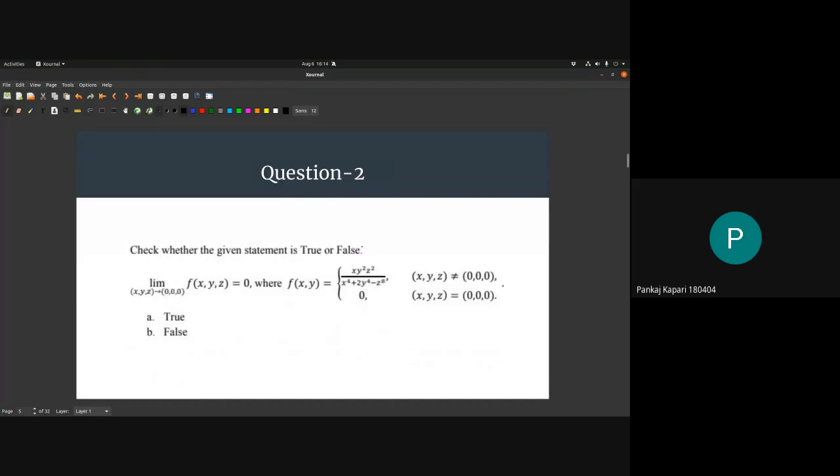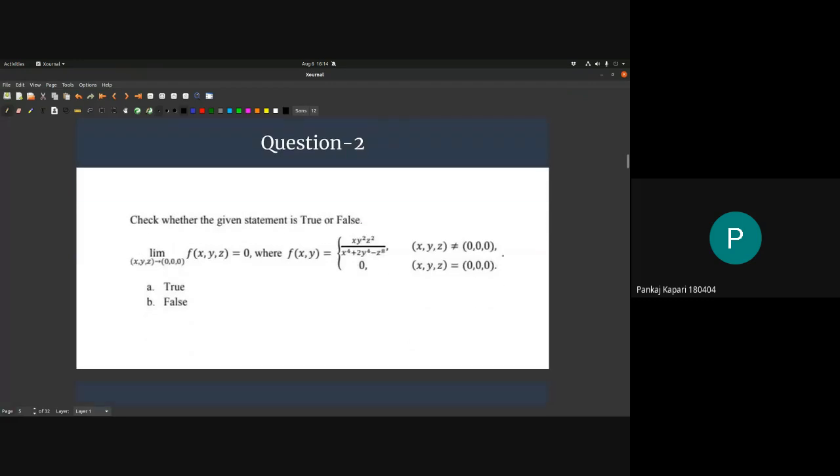Okay, let's go to the second problem. Again, in the second problem it's a true false question, and here you have to find out if the statement given here is true or false. So what is the statement? The statement says that the limiting value of this function of three variables is 0 when xyz tends to (0, 0, 0), that is the origin, we'll just write it 0.